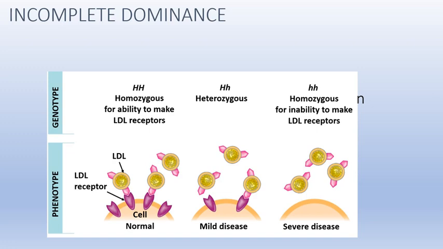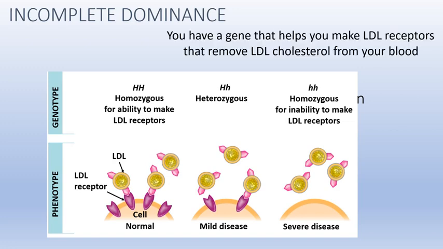As shown in the picture on the left, if you get two capital H alleles, you make these proteins and they bind the LDL cholesterol, removing it from your blood. And that's great because then the cholesterol is not floating around in your blood and potentially clogging your arteries.